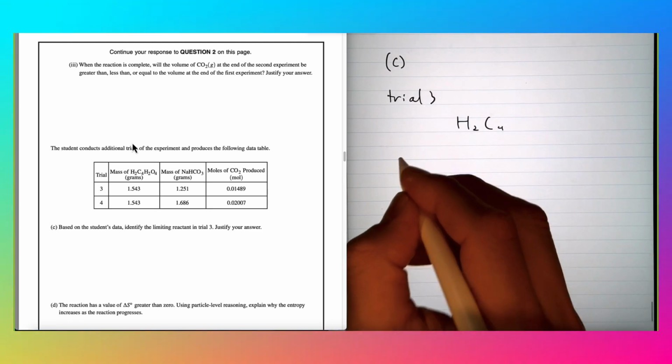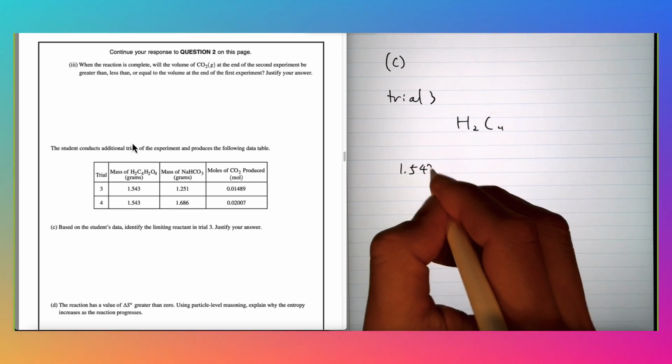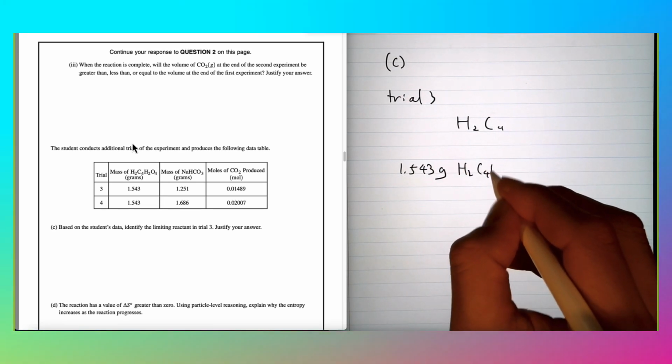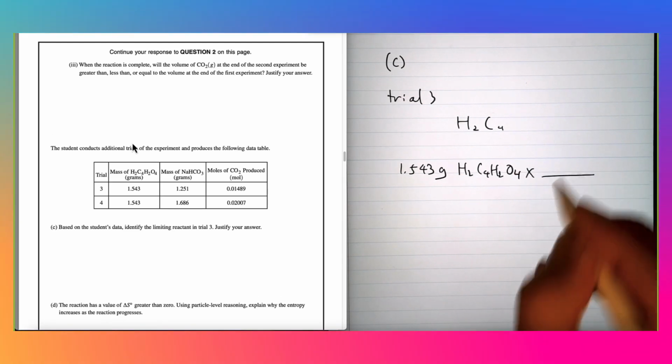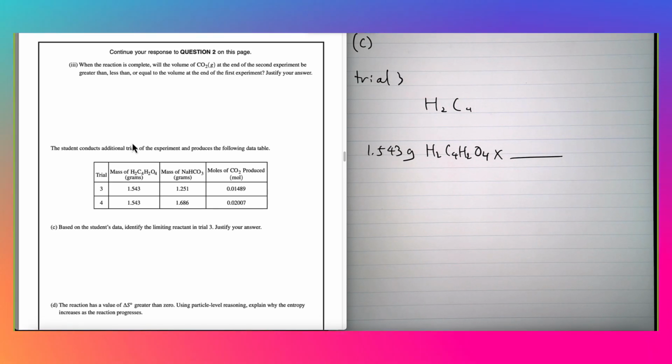So I'm going to start with the first one, the maleic acid. We have 1.543 grams of H2C4H2O4 times, okay, we need the molar mass of this. Now the molar mass: there are 4 hydrogens here, 4 times 1.008. Again, you can always look up your periodic table. And we have carbon, that's 12.01 times 4.